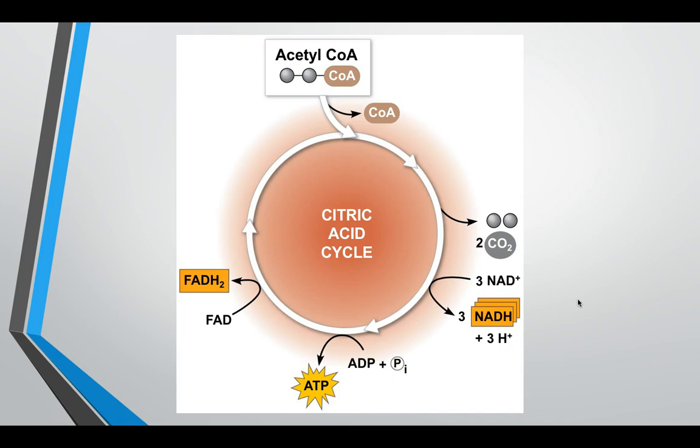You're going to get 3 nicotinamides reduced to NADH, produce 1 ATP through substrate level phosphorylation, and produce 1 FADH2. And remember, this is per turn. So overall, net 4 carbon dioxide released, 6 nicotinamides reduced, 2 ATP produced, and 2 FADH2 molecules.